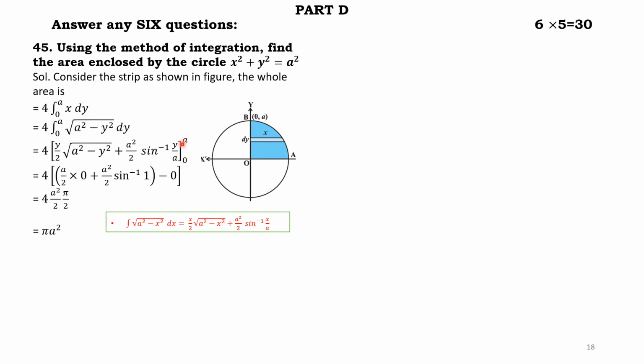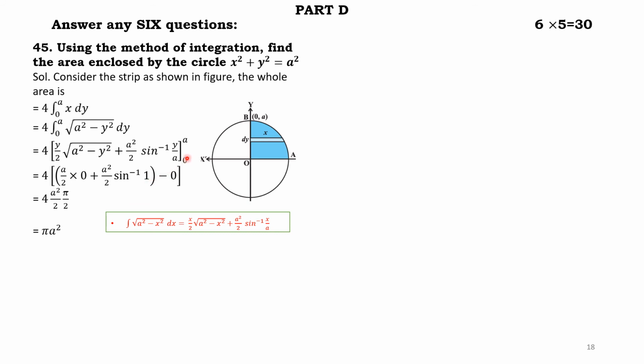First we will put upper limit as a. Therefore, y is equal to a gives a by 2 into a square minus a square, which is 0. So the first term with upper limit becomes 0. And the second term is a square by 2 into sine inverse of a by a, that is sine inverse of 1, which is pi by 2.